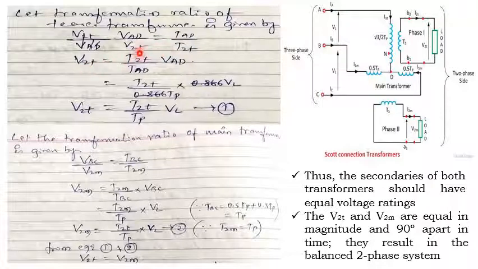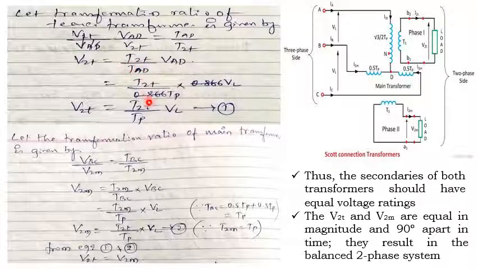Here I separate V2T: V2T equals T2T divided by TAD into VAD. This is a simple transformation. Now write T2T as it is. What is the magnitude of TAD?